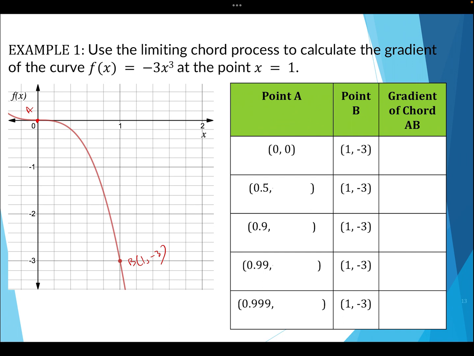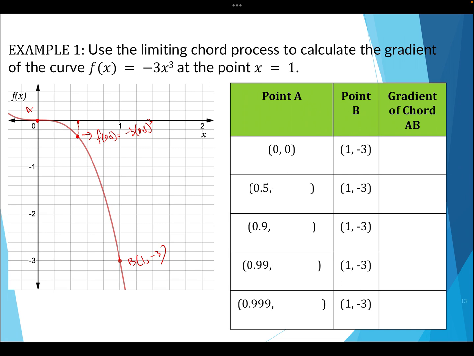If I work out 0.5 here, x is 0.5, you should be able to work out f of 0.5 equals minus 3 times 0.5 to the power of 3. You keep going until you find the gradient of chord AB really close to B, and then you can work out the gradient. Let's try it. Pause the video for a while and try it yourself.